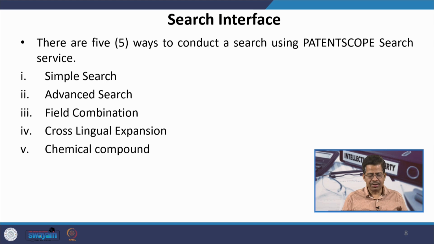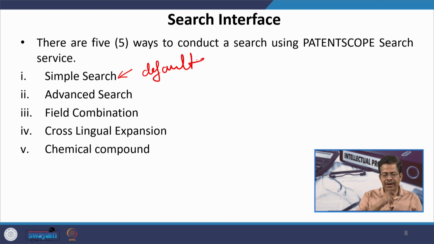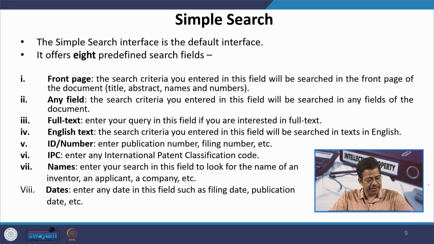So different types of search outcomes will come. Now, simple search is the default search that will be available in PATENTSCOPE, and once you have the simple search, after that you can get advanced field combinations, cross-lingual search, chemical compounds etc. So simple search is the default interface.